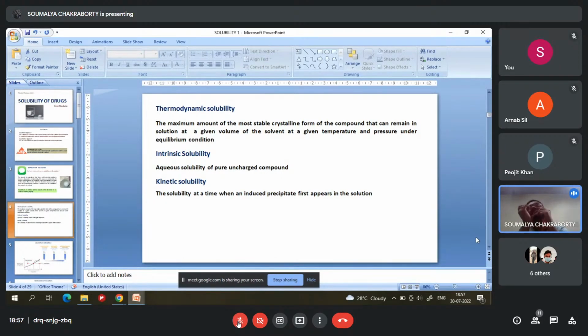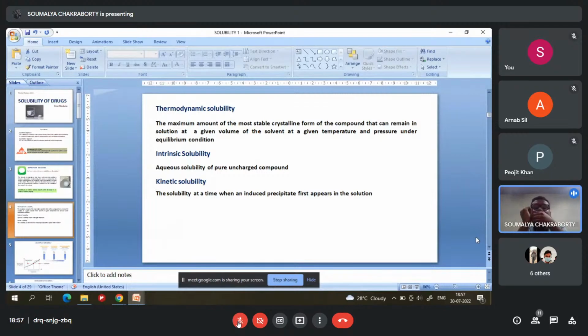These different crystalline structures, which are chemically equal, are called polymorphs. There might be different polymorphs, but they usually differ with respect to their Gibbs free energy, which I think you have already studied in your physical chemistry classes. Depending upon the Gibbs free energy, the stability of these polymorphic forms may also differ.